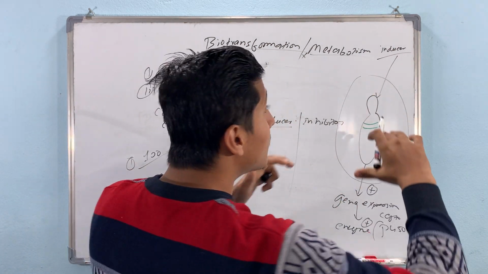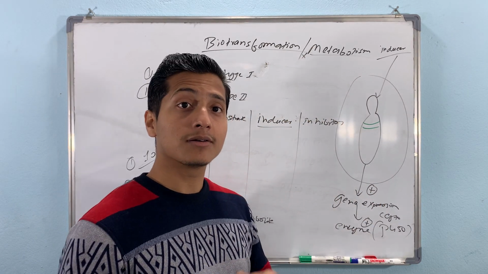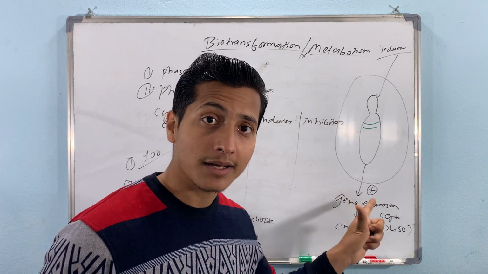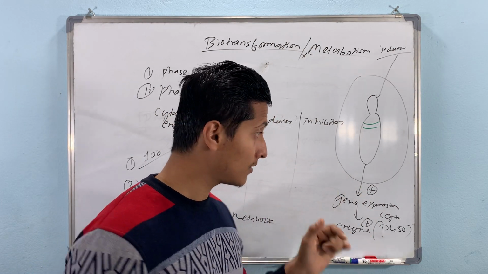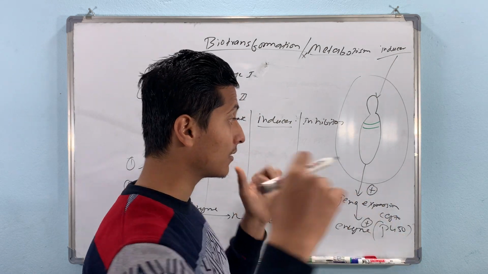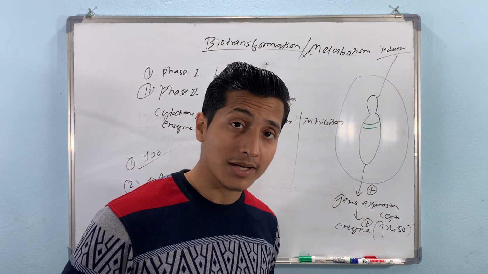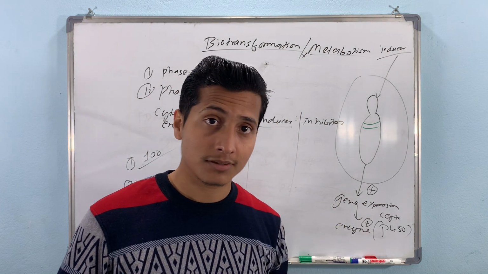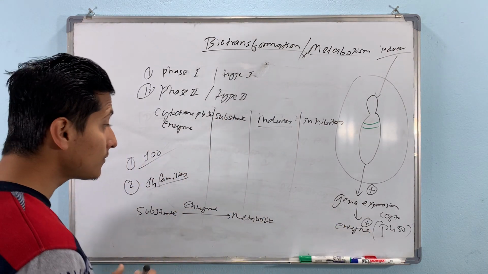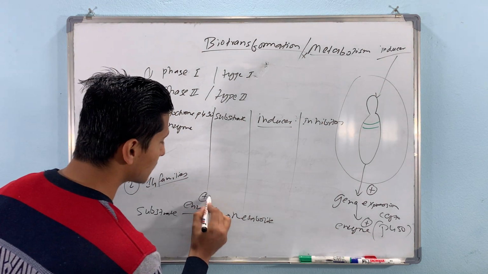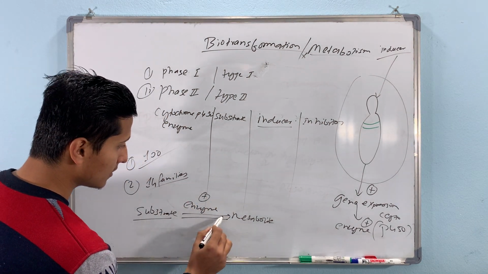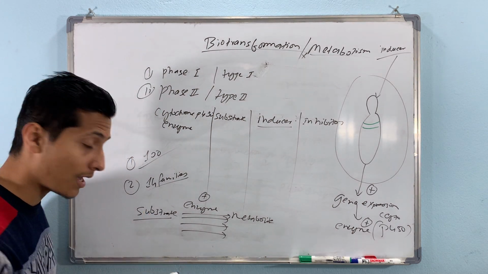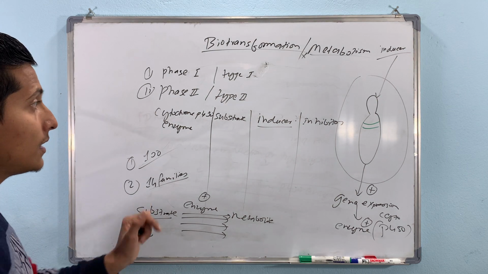So in simple words, when the inducer gets into the body of the patient or person, or when it acts on the cell, the gene expression is increased. When the gene expression is increased, the enzyme production is increased. Now you see, when the enzyme is increased, the substrates are metabolized at a higher rate, right? So the concentration of the substrate now goes down in the blood.